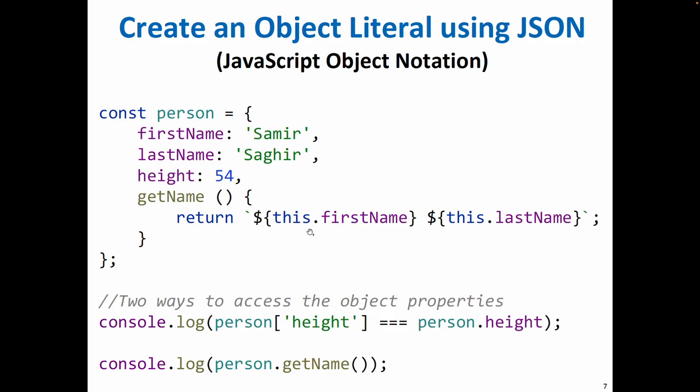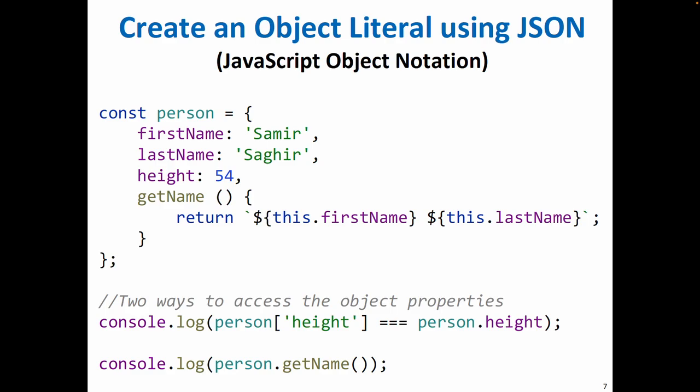It has this definition, and you are familiar with this keyword from Java. We also have it in JavaScript, which refers to the class itself. How can we access these attributes? Well, there are 2 ways. Again, JavaScript is a merge of Java and Python.